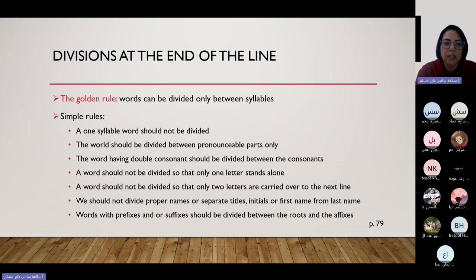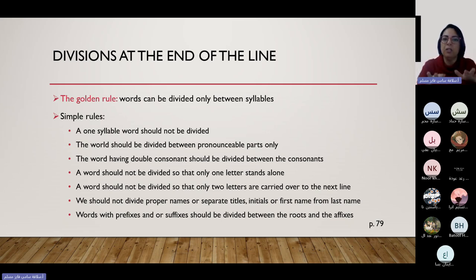These are some rules that help you. I'll say again, we are now in the age of technology. We use mostly computers, so the computer automatically does these things, and mostly they don't hyphen. They elongate the sentence in order to make sure there is no division of a word.